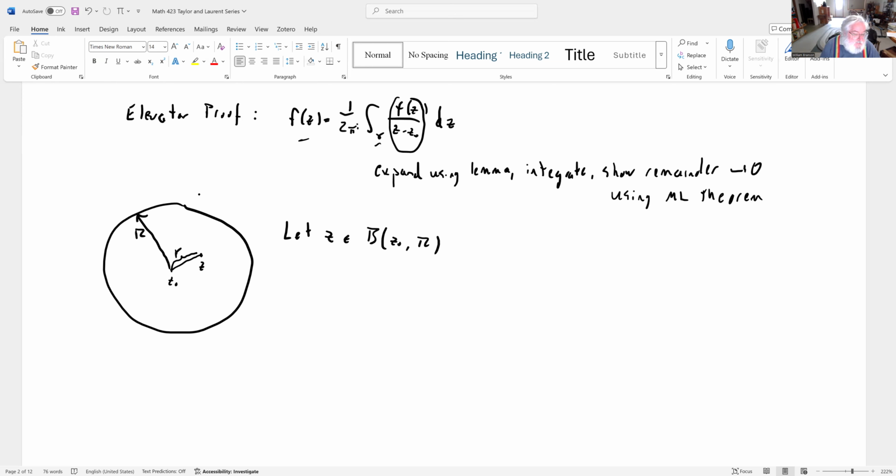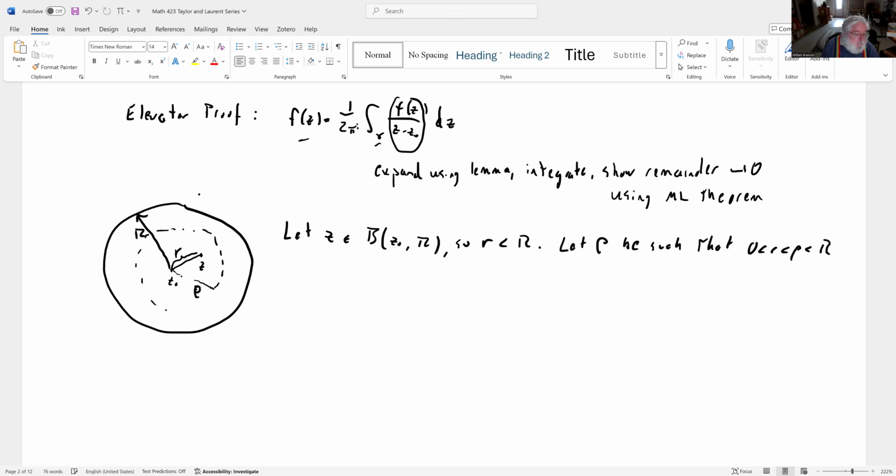Since z is inside, that means that r is strictly less than R. Let rho be such that 0 is less than r is less than rho is less than R. So we'll take another distance, we'll call that rho, and then we can draw a circle of radius rho.